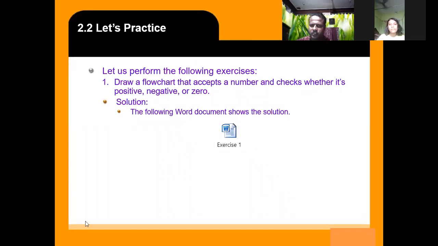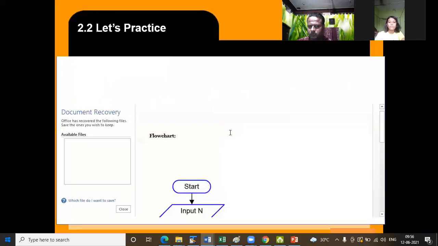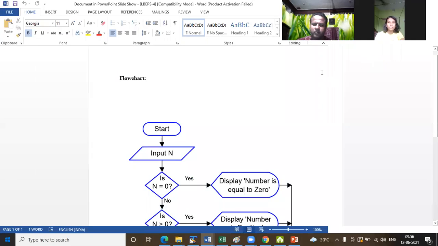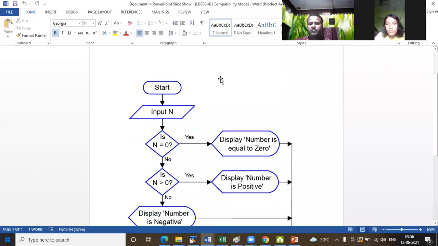Okay, so now check here. It is a flow chart to check whether the number is positive, negative, or zero.